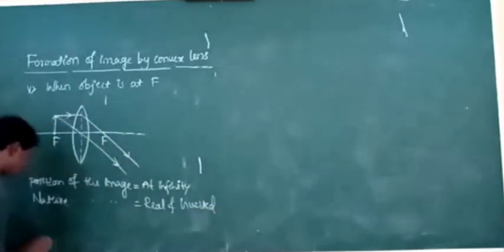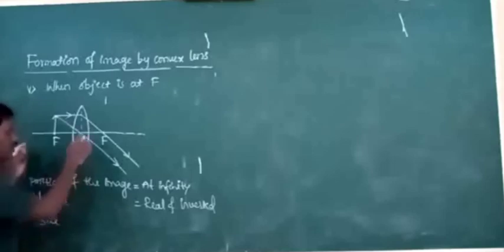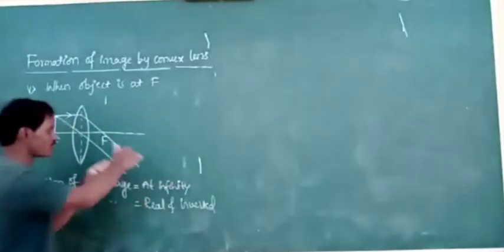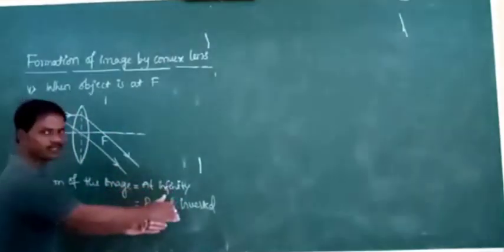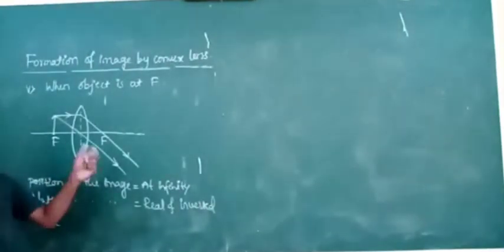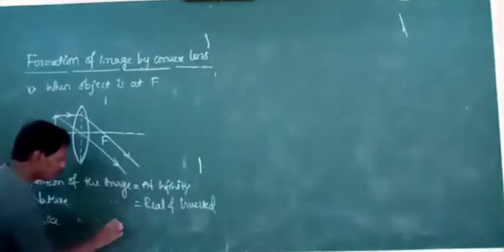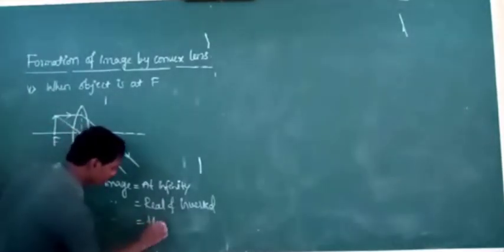Real and inverted. Last one, size. It is highly magnified. If they meet at a large distance, at infinity, the size is very much increased. That is why it is called highly magnified.